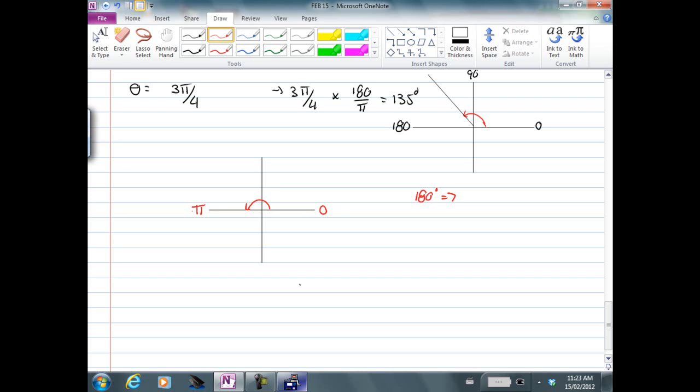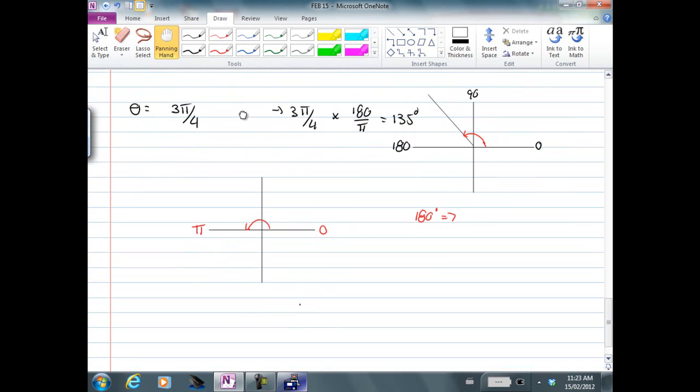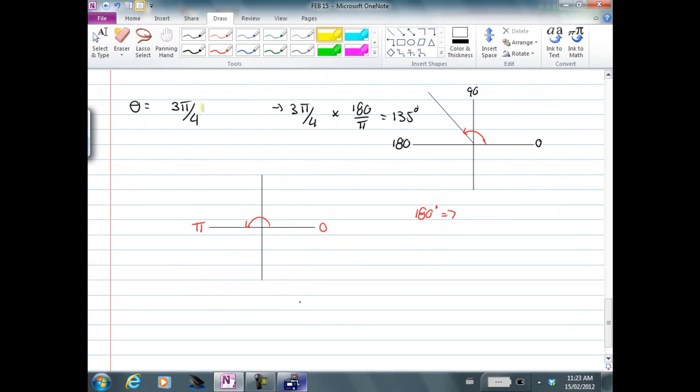Now, I look at this whole entire thing, and I want you to highlight this 4 right now. Whatever that denominator is, you're going to put pi over that. Over 4. But the problem is, I know this whole thing has to be pi still, so there has to be a number in front to make it pi.